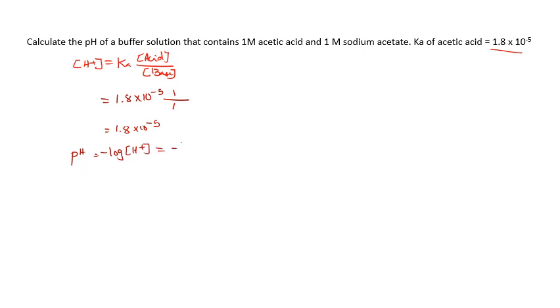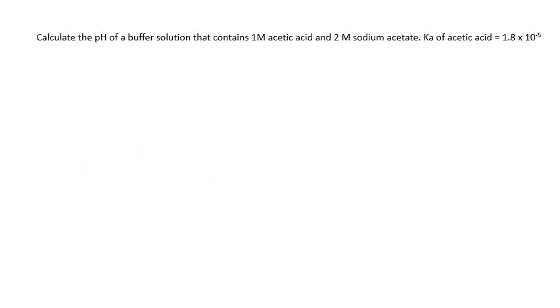So that equals negative log 1.8 times 10 to the power negative 5. So that equals 4.7. And that makes sense because that is a weak acid. So we can say a weak acid with a pH of 4.7. So that's an acidic buffer.